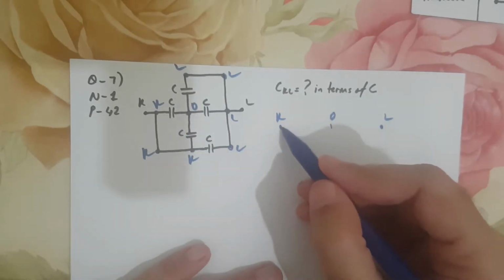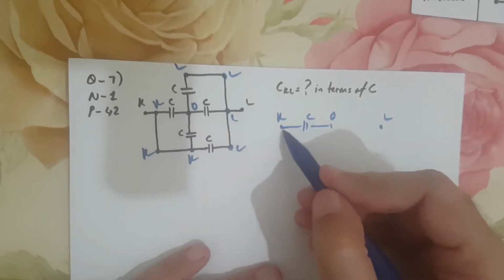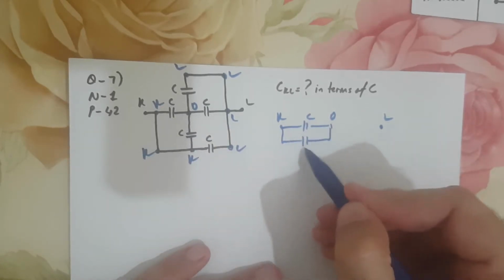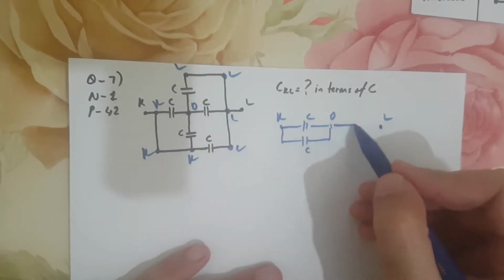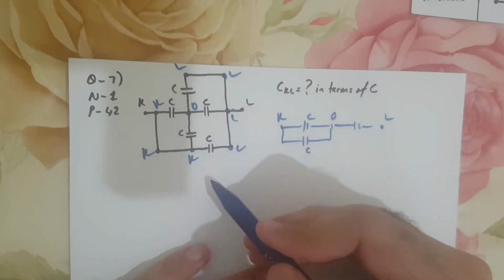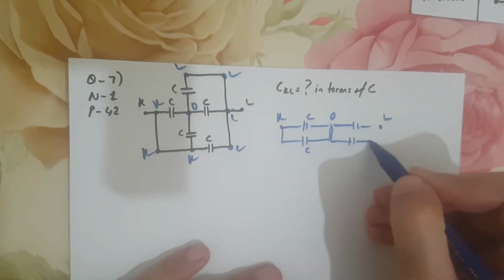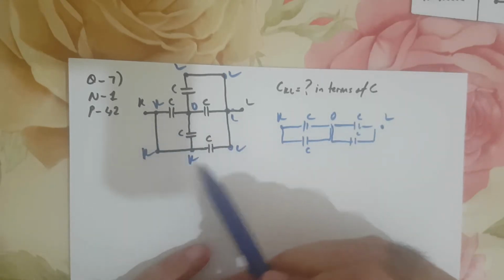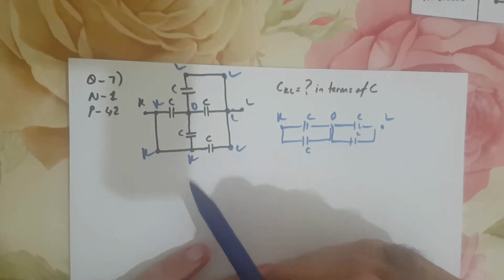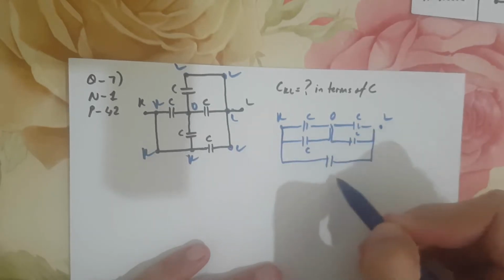So the KO, there is one KO here, and then another one KO here. This one is C. What about OL? There is OL here, one here, and then OL, one more here. C, and then there is one more between K and L.